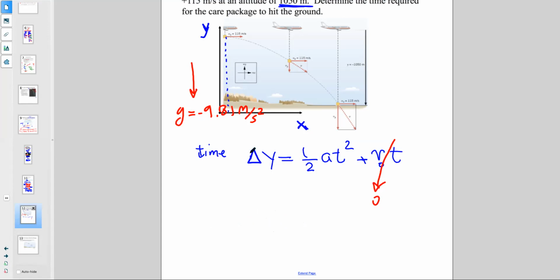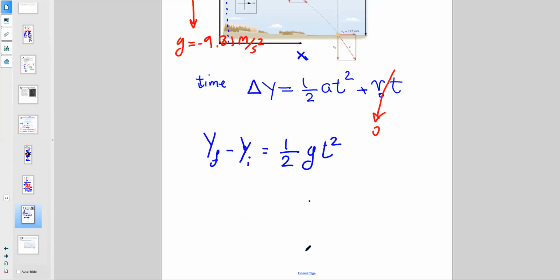Once it gets to the ground, y final minus y initial equals half a, which is g, t squared. So y final is 0 because it is at the ground, and y initial is 1,050 meters above, half g is negative 9.81 t squared.